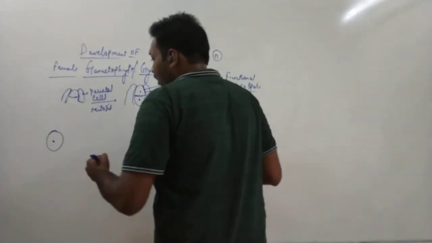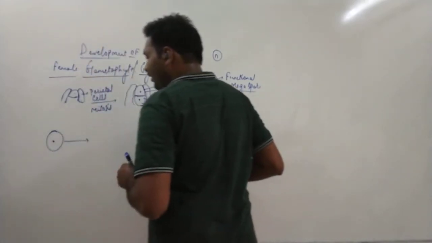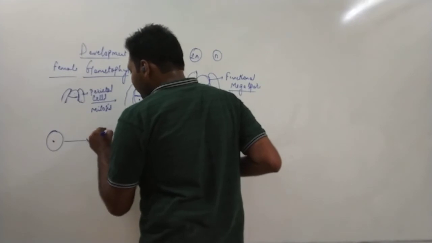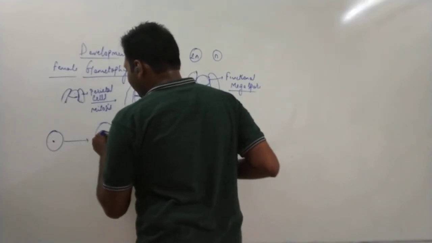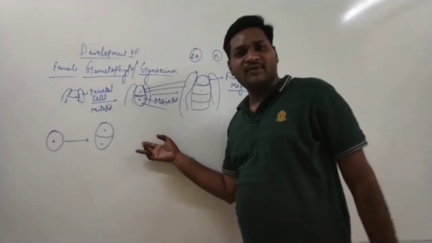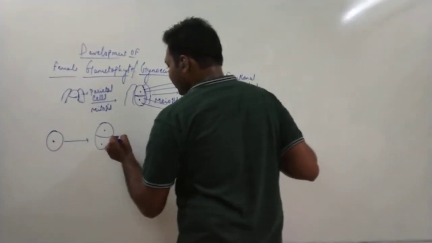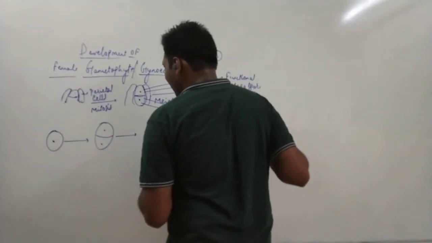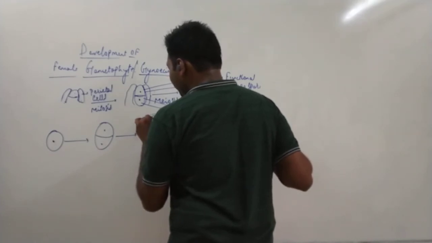Here this single cell undergoes mitotic division, and with the first mitotic division there will be formation of a two nucleated cell, or two cells with two different nuclei. Then it will undergo the second mitotic division, forming four nuclei.